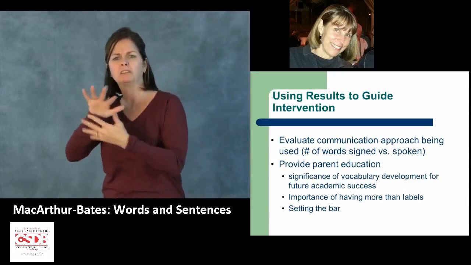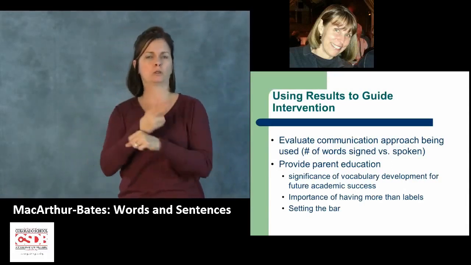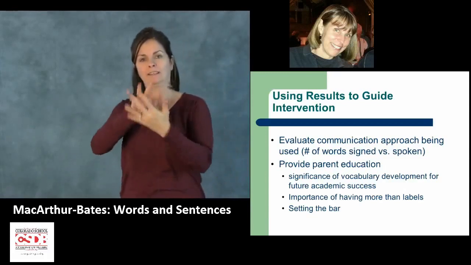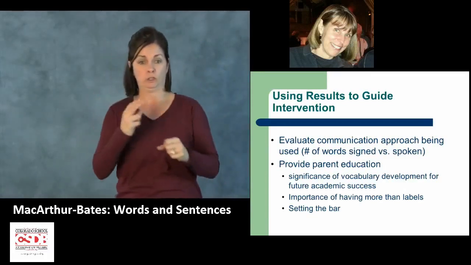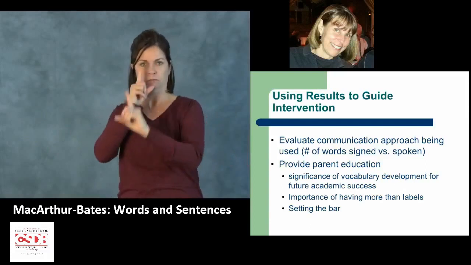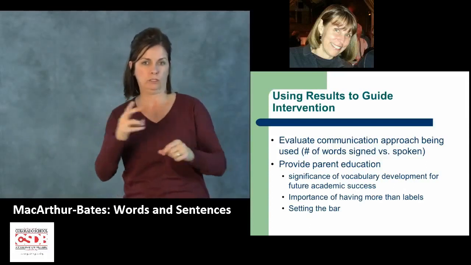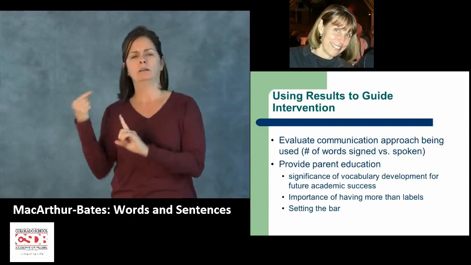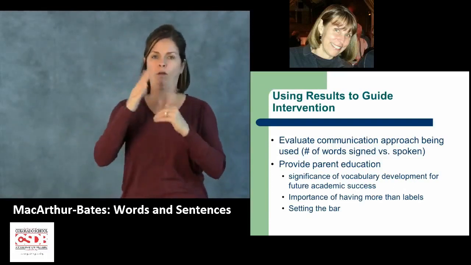And then finally, you can use the instrument and the normative tables in the manual to help set the bar for the kind of goals that you would want to have for the child in terms of their vocabulary learning over time. So let's go back to this point about the importance of having more than labels.